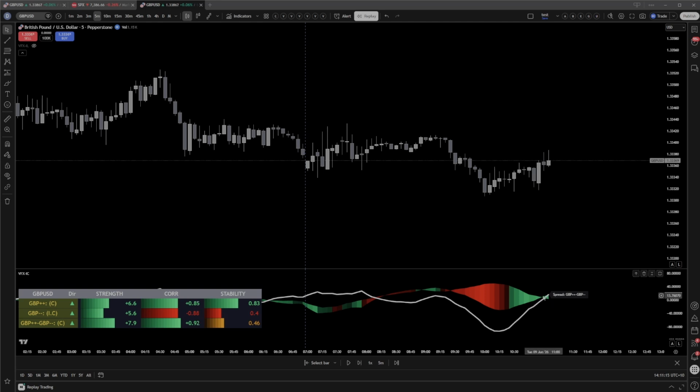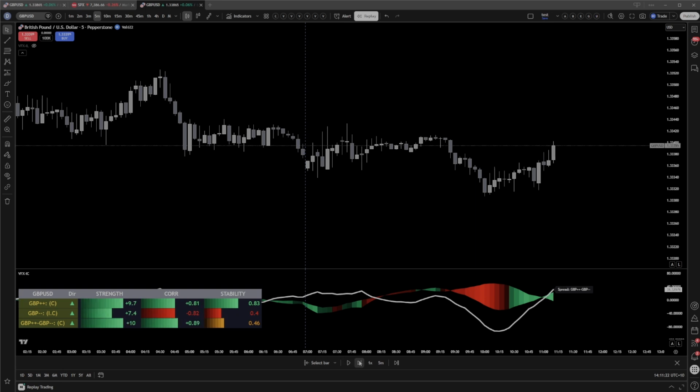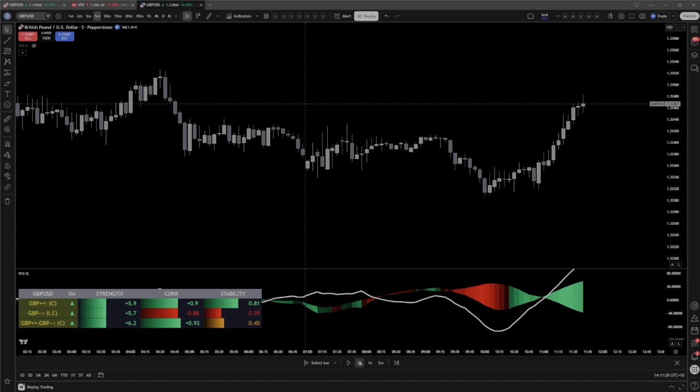Note we've got a cross of the snake. Spread still coming up. We're all yellow still. And off we go. Off to the races. So you can see that when you see this kind of thing, you will see these numbers come up and down through the movement.